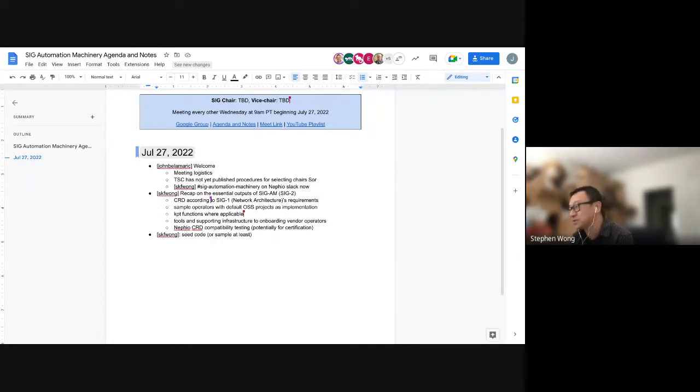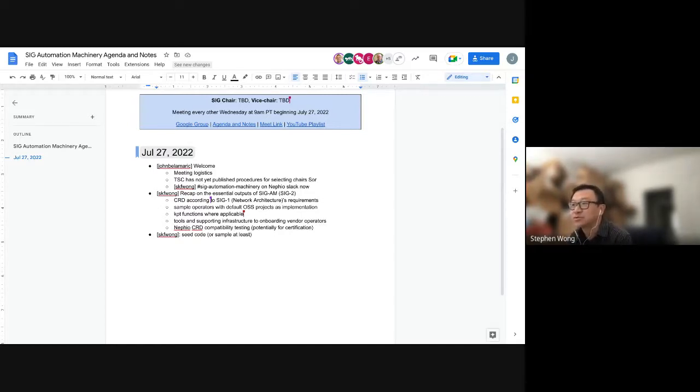For transformations, that means you would have a pipeline, a sequence of things that resolve a high-level intent down to what is actually being consumed by the Kubernetes API server. That pipeline would also be defined by this SIG, obviously, because we have to implement it. And that should be vendor agnostic to a certain extent.